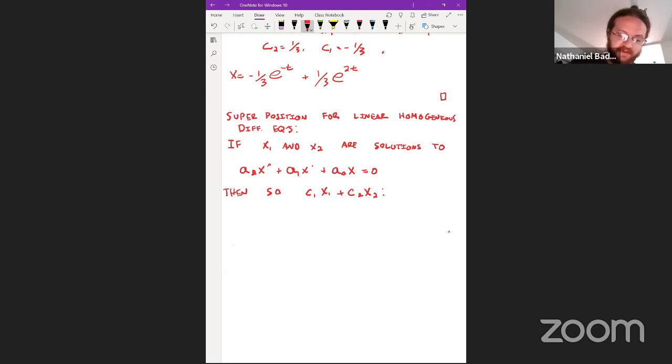And the reason this is straightforward: a2 (c1 x1 + c2 x2) double prime plus a1 (c1 x1 + c2 x2) prime plus a0 (c1 x1 + c2 x2) equals 0. The reason here is just that the derivative is linear and everything's appearing linearly, so everything just sort of factors out.